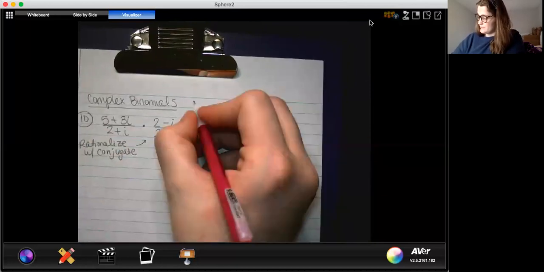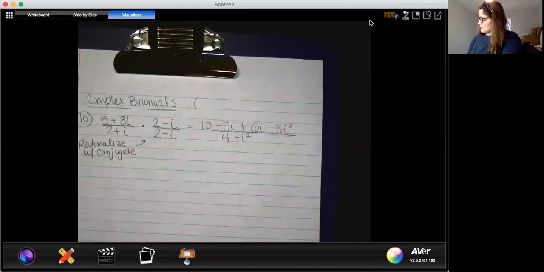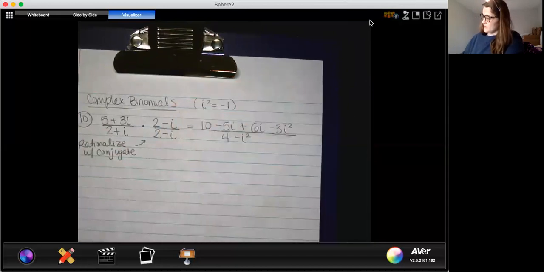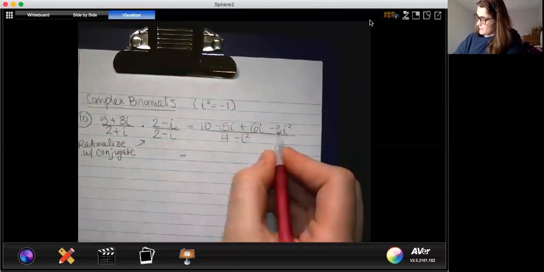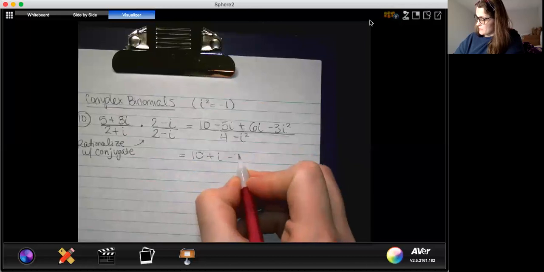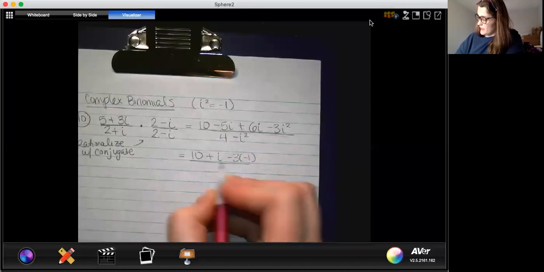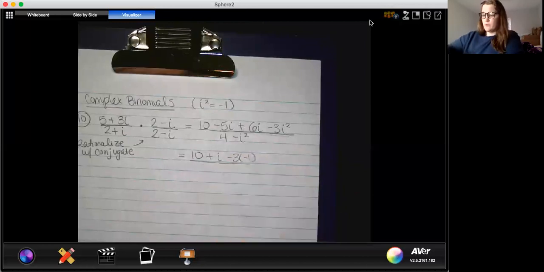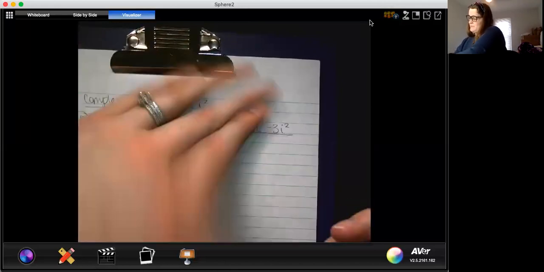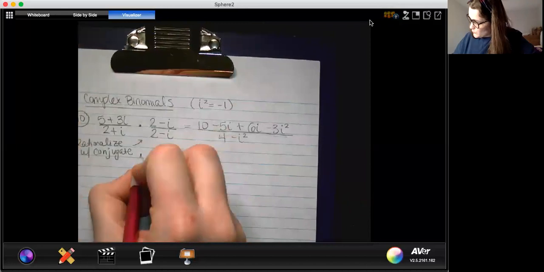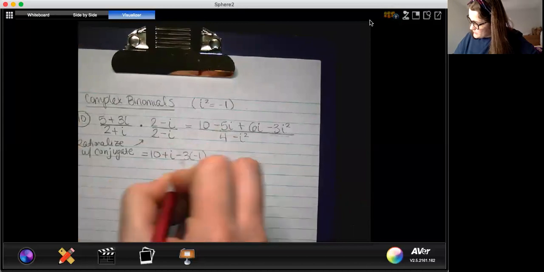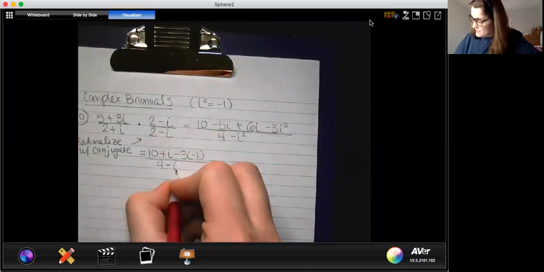Okay, now remember, from what we remembered at the beginning, i squared equals negative 1. So from here, I'm going to simplify. We get 10 plus i minus 3 times negative 1, divided by 4 minus a negative 1.